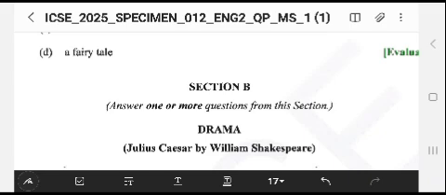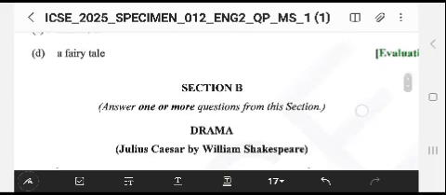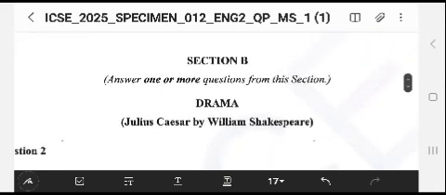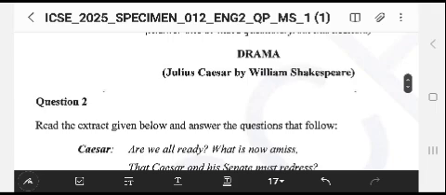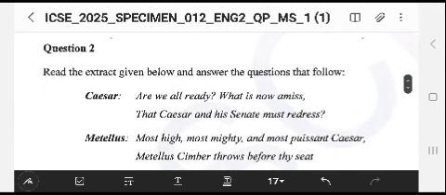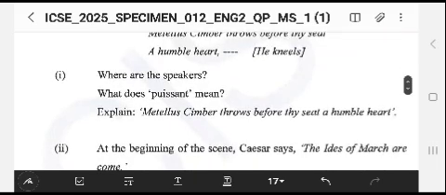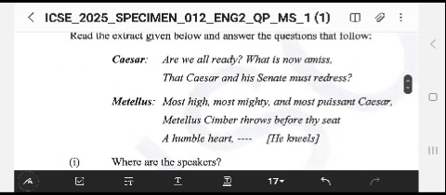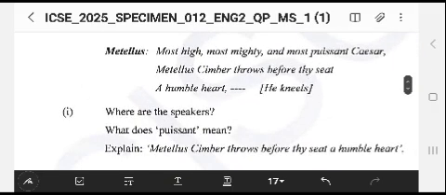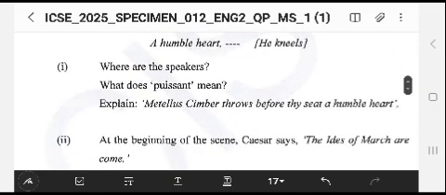In this part, answer one or more questions from this. So you can attend one or more than one. In question number 2, you can see: read the extract given below and answer the questions that follow. In this, an extract will be given from your drama part, Julius Caesar, and questions will be like this: Where are the speakers?